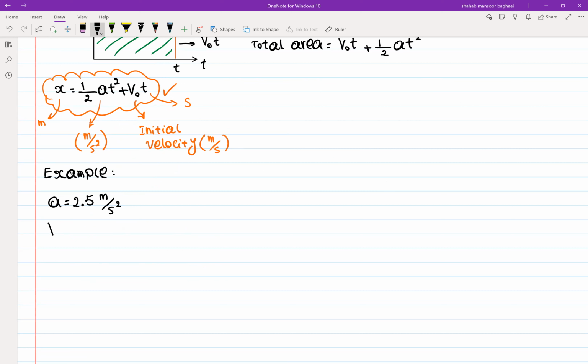If the initial velocity of your particle, the velocity at the beginning, is 1 meter per second, after 10 seconds, what is the displacement traveled by this particle? What is the X value? Just for information, instead of X, you can use D. Therefore, you can have this equation, and that's completely right: D equal to half a t squared plus V0t. This is the second form of this equation.